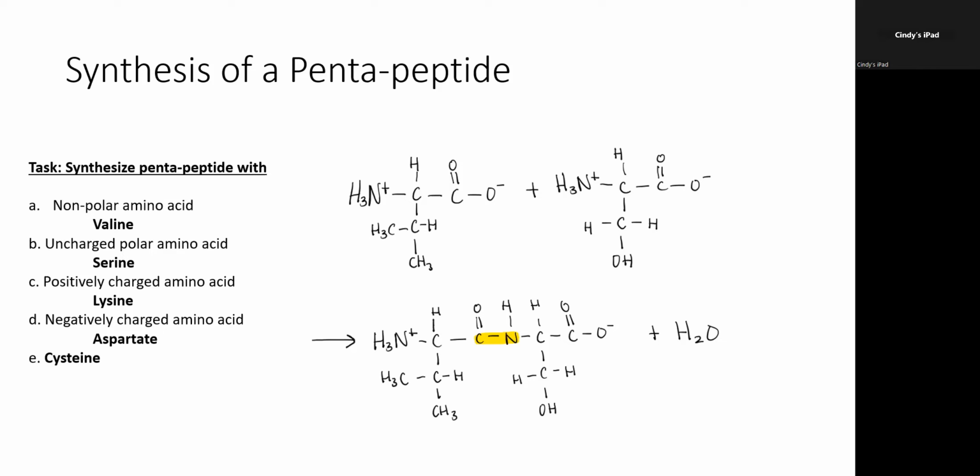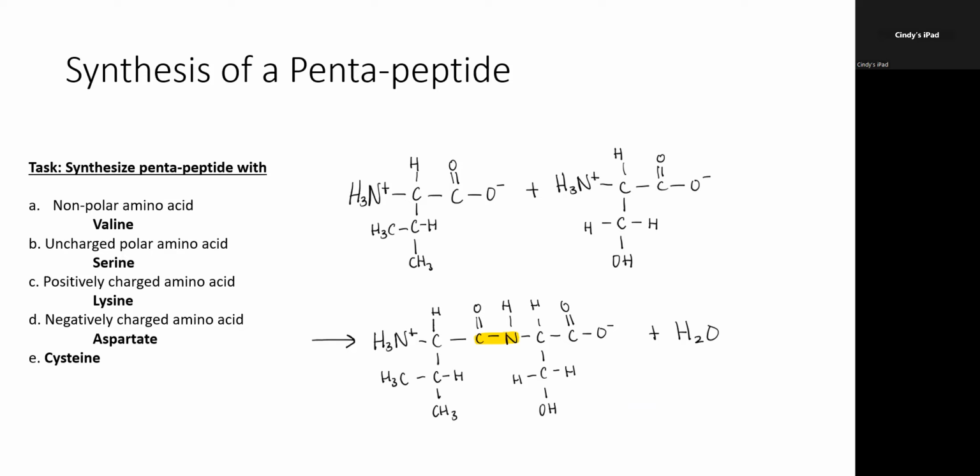Here, this first group is valine, and then this here is serine. You add these two together, and when they're synthesized, you get this group here. This CN bond, the carbon-nitrogen bond, is the peptide bond that formed, and you get a leftover of H2O.